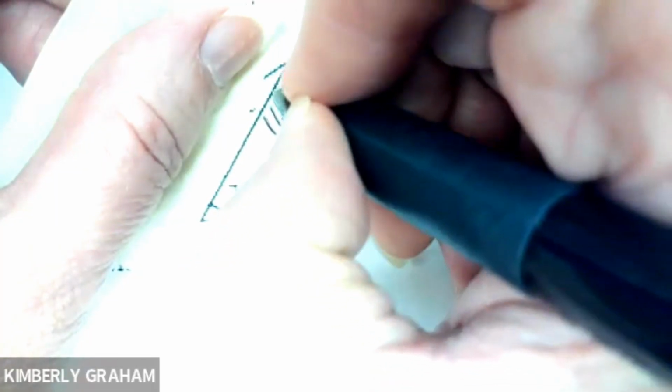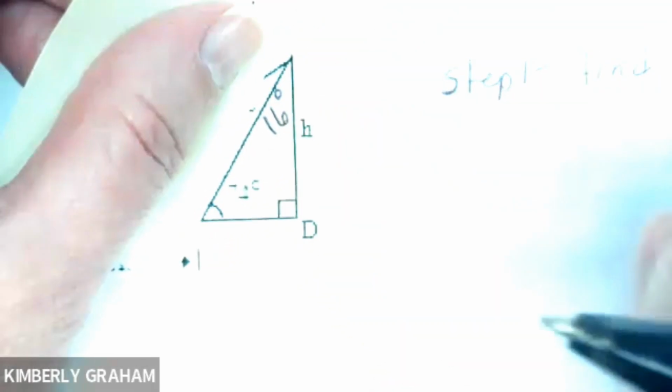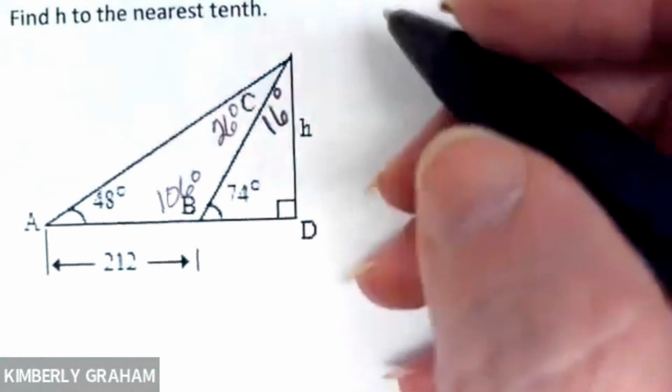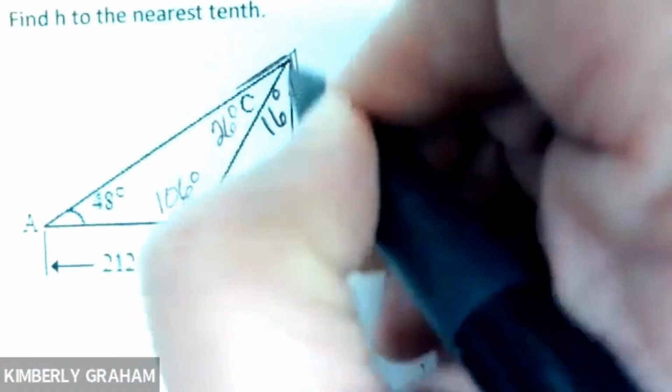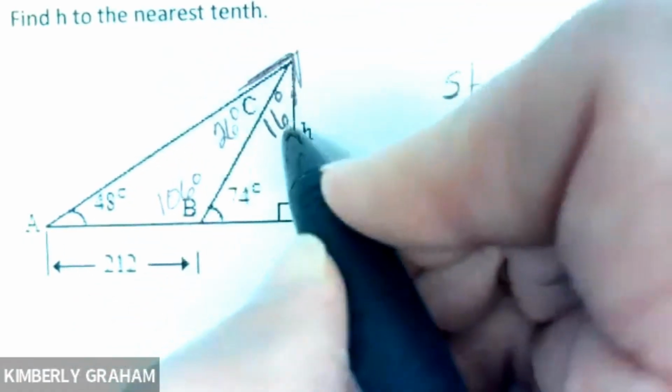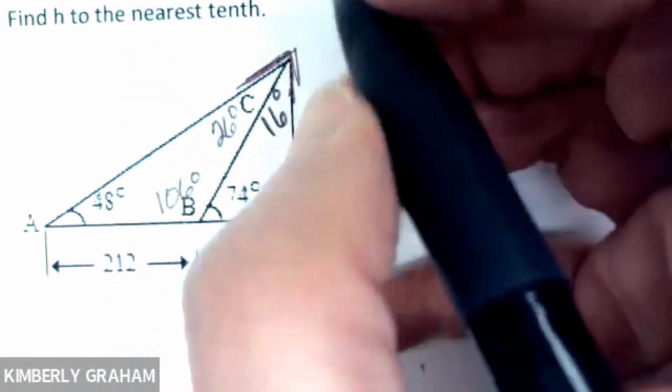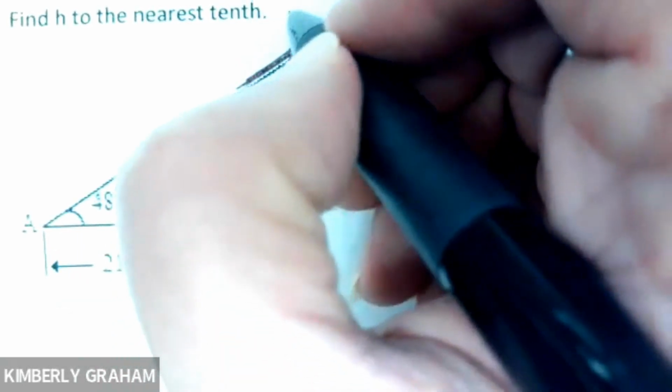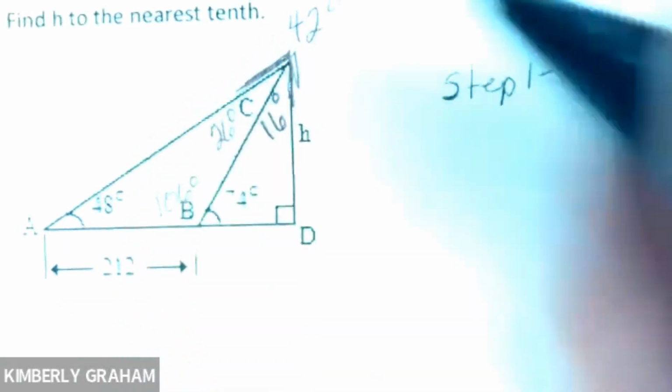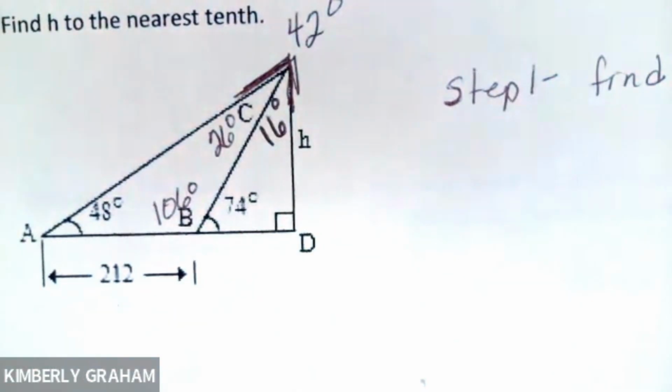So that's 16 degrees. And I can also say that this big angle, 16 plus 26, is 42 degrees. So I have every angle labeled in my picture.